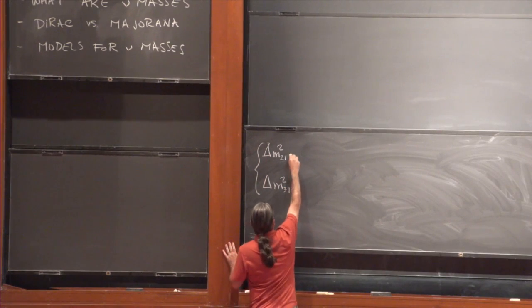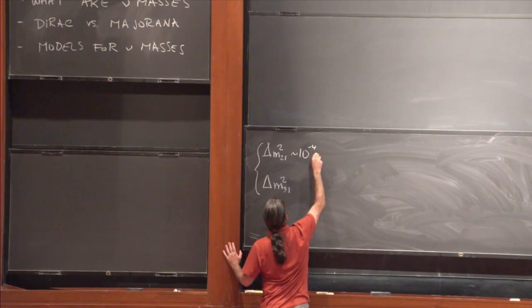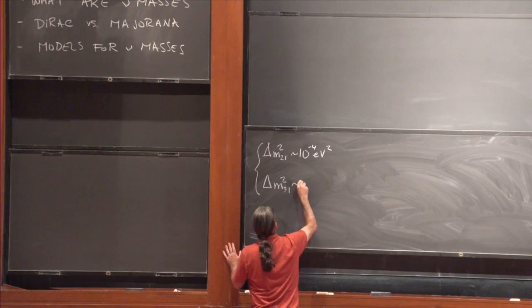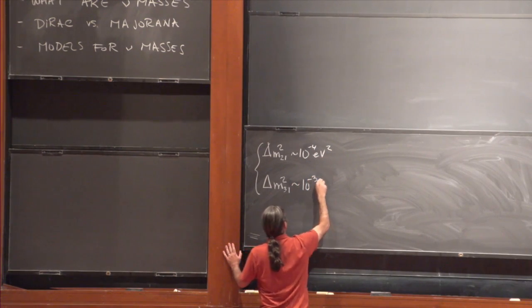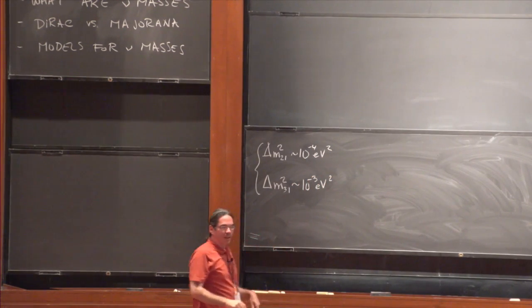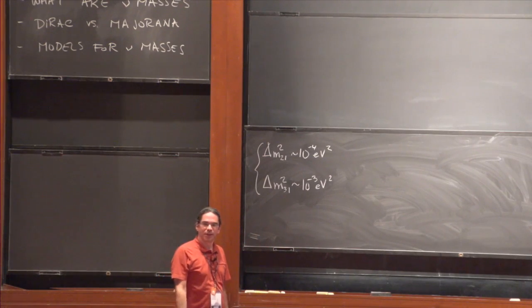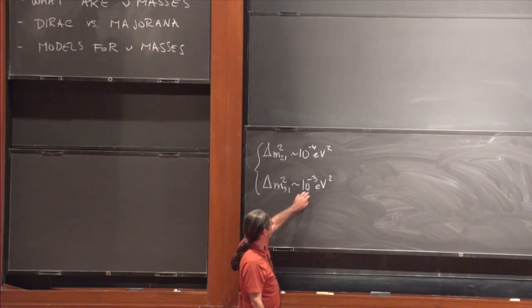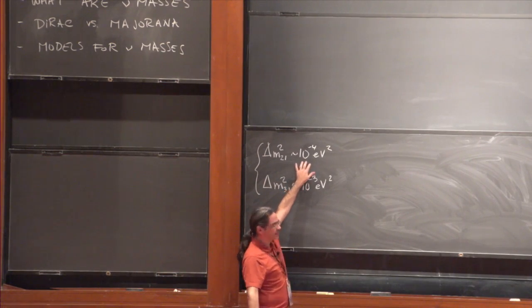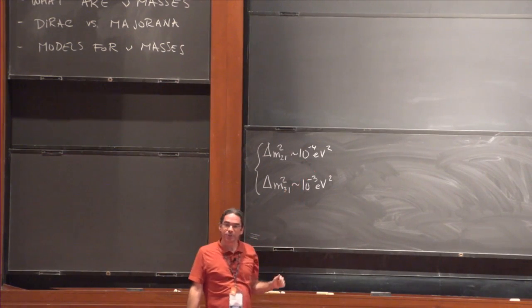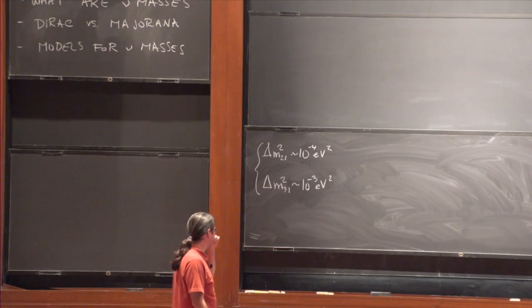One of them is about 10 to the minus 4 electron volts squared. The other one is about 10 to the minus 3 electron volts squared. If you put in one significant digit of precision, this is about 2 times 10 to the minus 3, and this is about 0.8 times 10 to the minus 4. But this is order of magnitude-wise what it is.